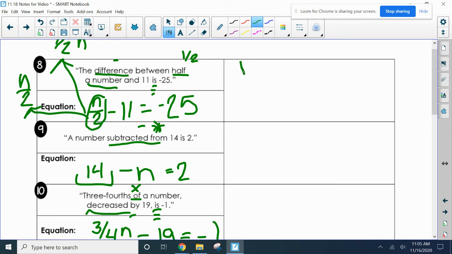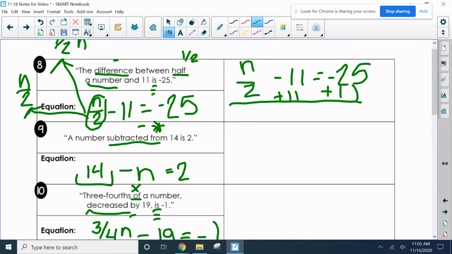So we have n divided by 2 minus 11 equals negative 25. All right, we do know order of operations backwards, so we're going to get rid of that subtraction before the division. So we're going to add 11 to both sides. We have n divided by 2 is equal to negative 25 plus positive 11. Positive and negative, subtract and keep the bigger sign.